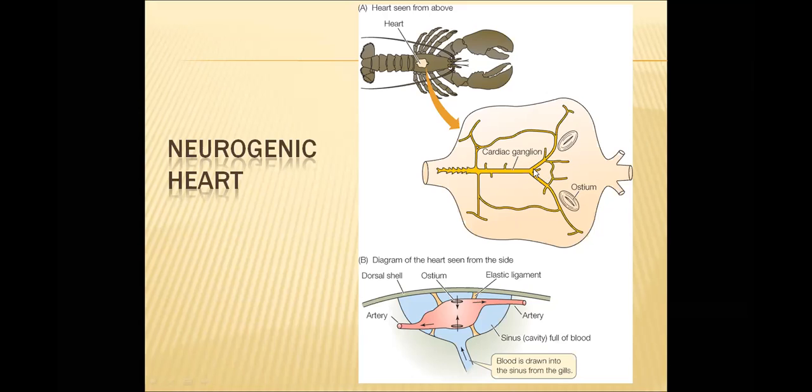These cardiac ganglia only generate the signals to start the heartbeat. So in these organisms, special neurons form a cardiac ganglion, and this cardiac ganglion sends signals to start the heartbeat. That's why this type of animal's heart is called a neurogenic heart.